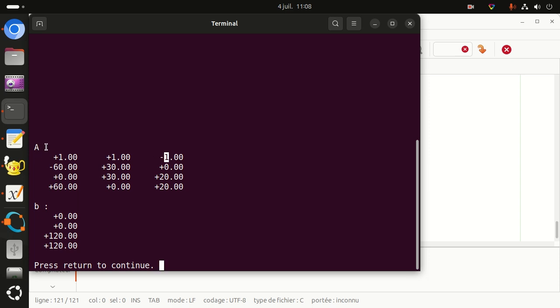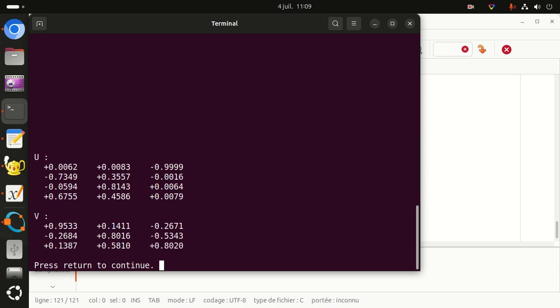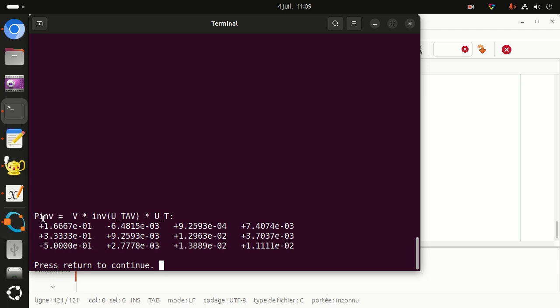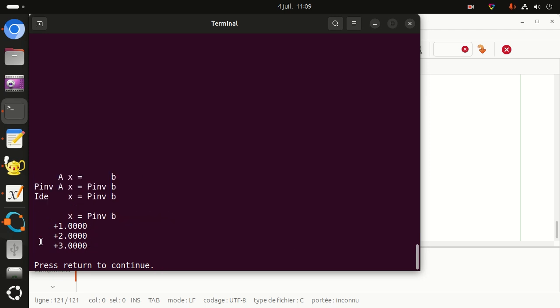Also, you are not able to invert this matrix, but with the singular value decomposition, you can compute the pseudo-inverse. And when you multiply the pseudo-inverse by A, you obtain the identity matrix.